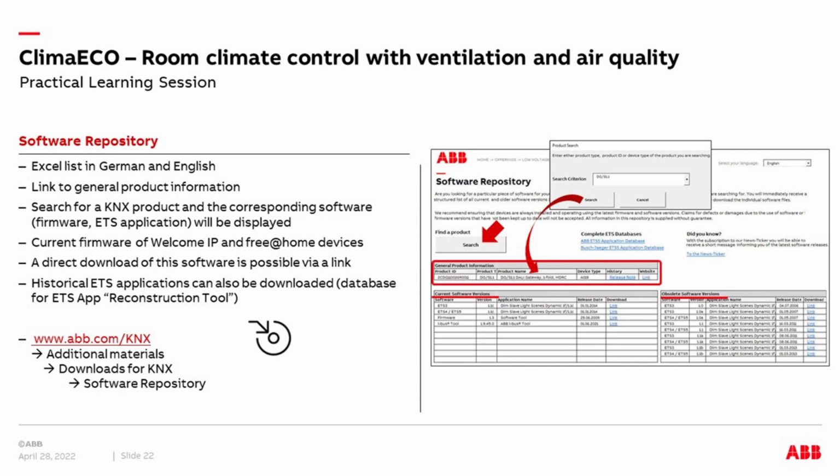It's mainly related to KNX, but for Welcome IP and Free@home, you have at least current firmware versions available. There are no applications for these products, of course, but for firmware you also get support here. It's available under abb.com/knx, additional materials, download for KNX, and then software repository. It's an Excel sheet you can download, and then you have it on your PC as well. And as mentioned, always updated from ABB.